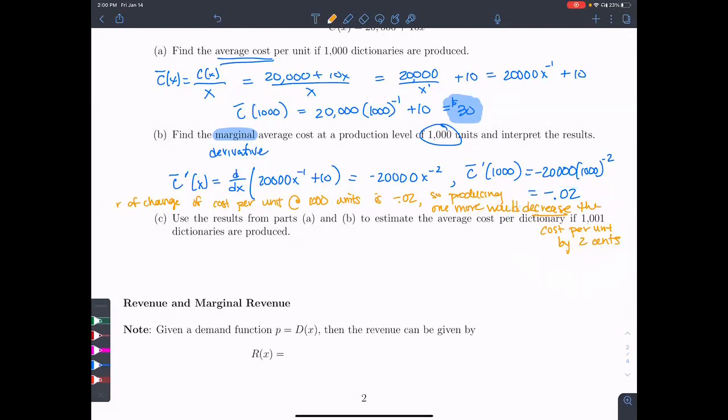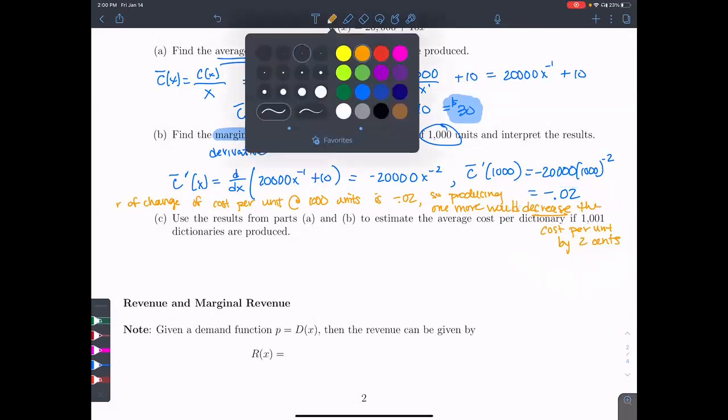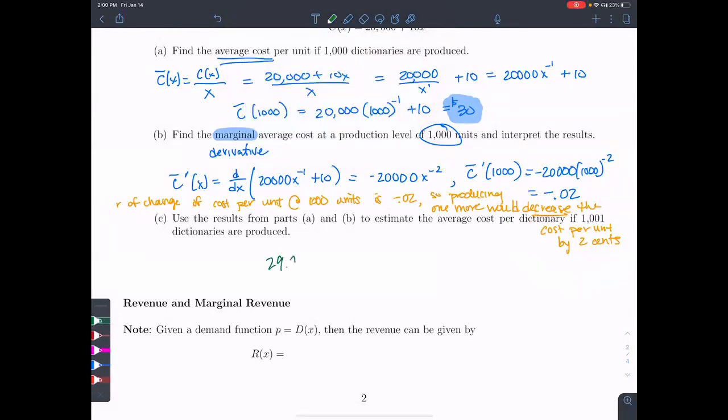So it would be $29.98 per dictionary. So you're looking at $30, and you do plus -0.02. So $29.98 per dictionary.